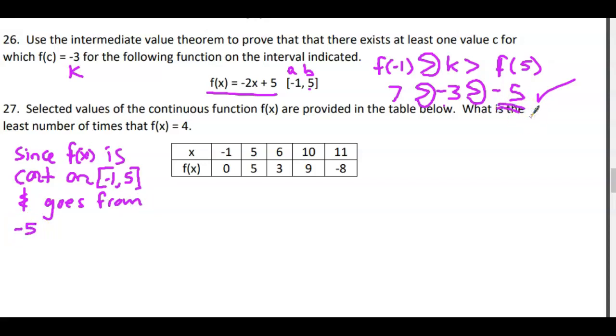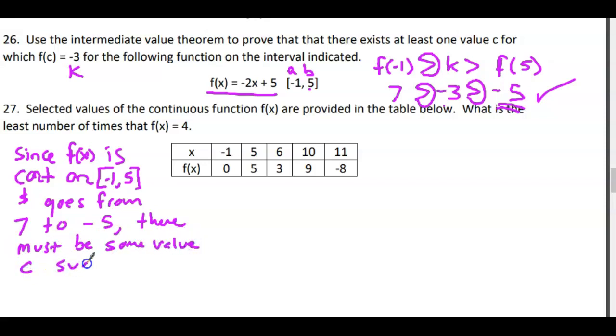Or I guess you could start with the highest one, it doesn't really matter. And it goes from 7 to -5. There must be some value c such that f of c equals our k value of -3.